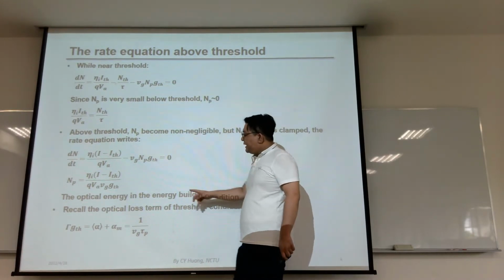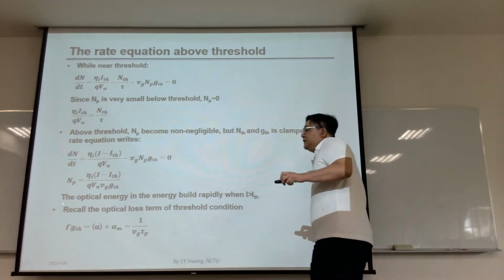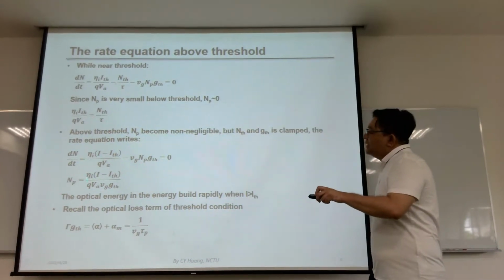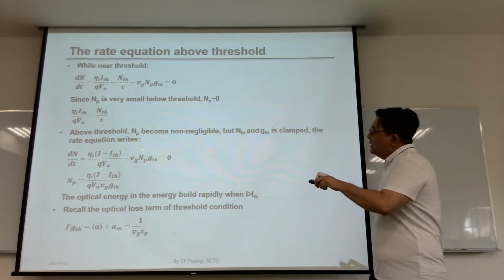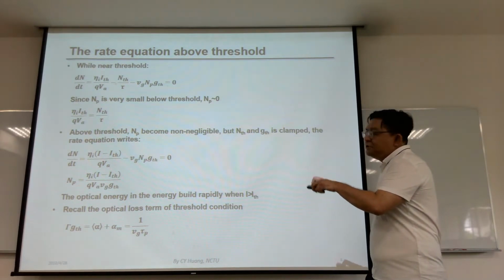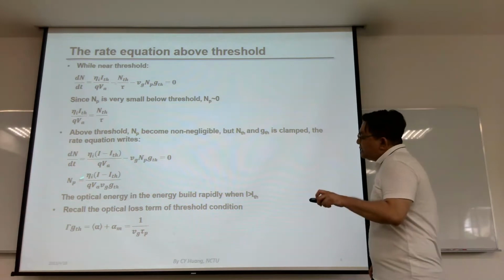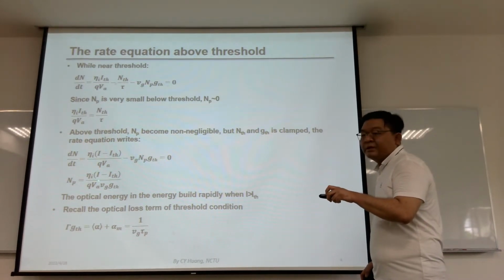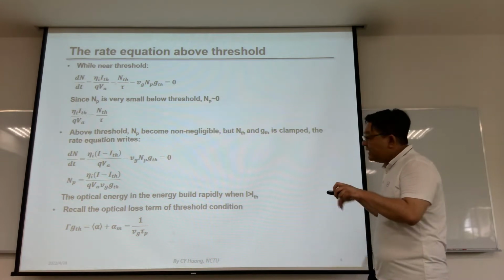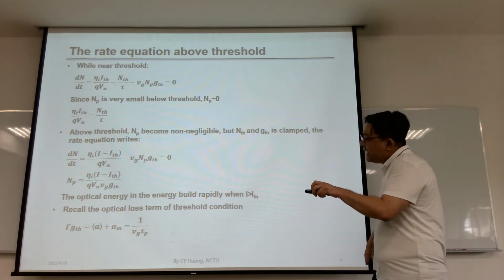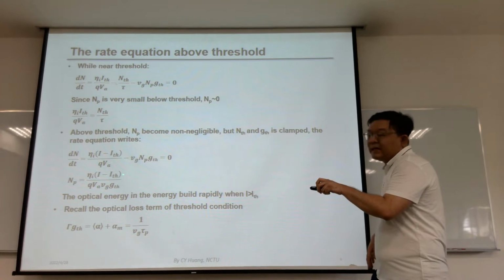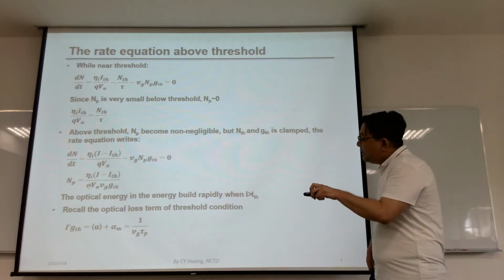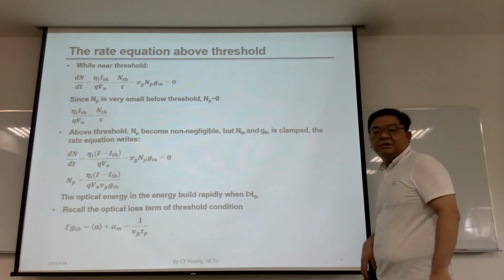Alright, so we can simplify the photon density as this equation, because we just put the second term to the other side and divide it by v_g g_TH. So the photon density at a specific current above lasing could be written as zeta times I minus I_TH divided by qV v_g g_TH.